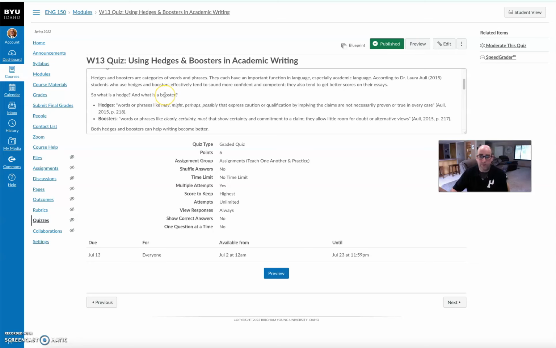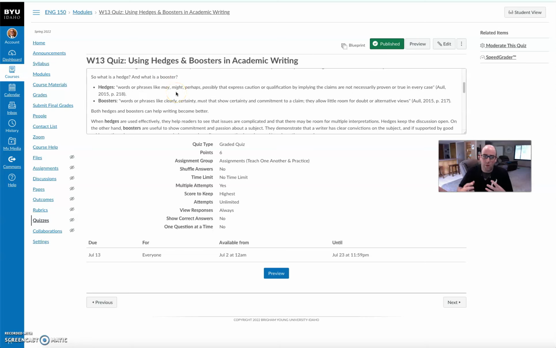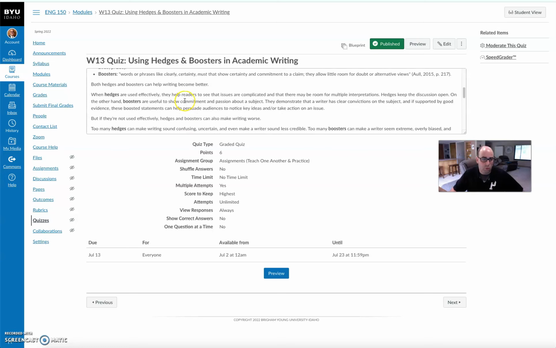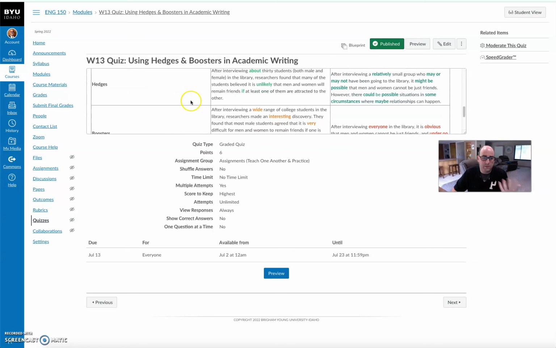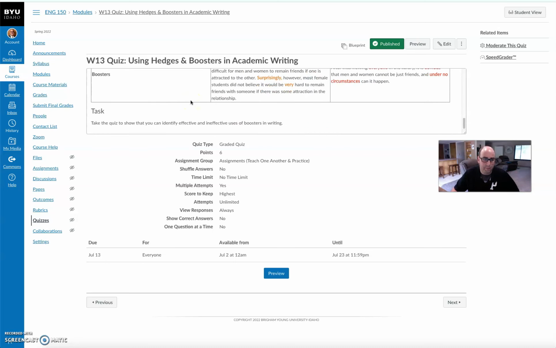And what we found in research is that students that use words like this in their essay tend to score better because with a hedge, you're showing that maybe your claims aren't necessarily true, but with a booster, you're showing that, yes, there's no room for doubt in this. This is totally legit.